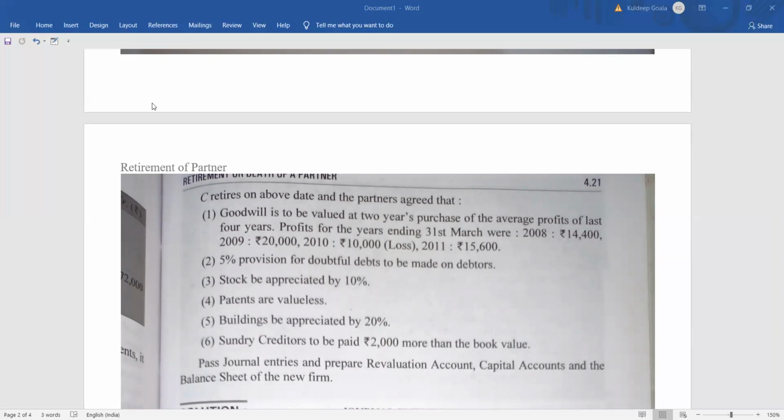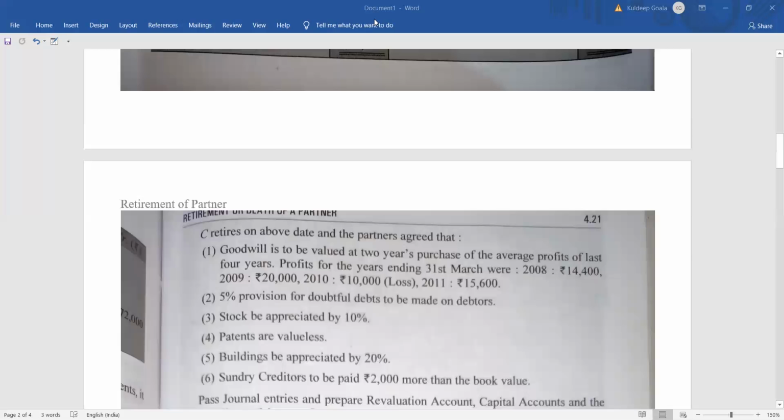Clear? Let me do a little editing here so that you can understand the things a little better. So number 2, it was a debit. It will be on the revaluation debit side because it is a loss. How much? Revaluation debit side 400, isn't it? It was nothing but number 2.